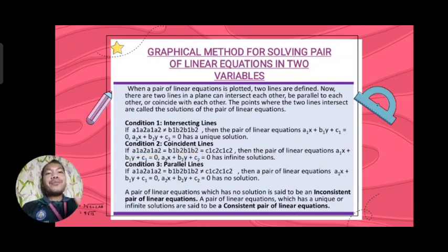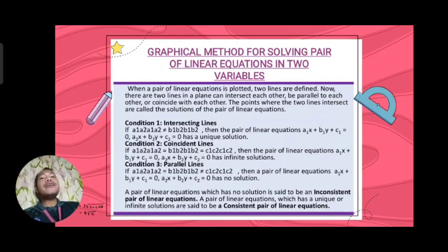So a sub 1 over a sub 2 is equal to b sub 1 over b sub 2, which is equal to c sub 1 over c sub 2, then the pair of linear equations a sub 1x plus b sub 1y plus c sub 1 is equal to 0, and a sub 2x plus b sub 2y plus c sub 2 is equal to 0 has infinitely many solutions.